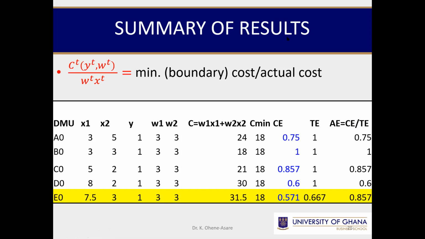All right. Hello, Doc. So please, this means that with the minimum cost, all the DMUs used the input levels of DMU B. Is that it? Well, in this context, yes.